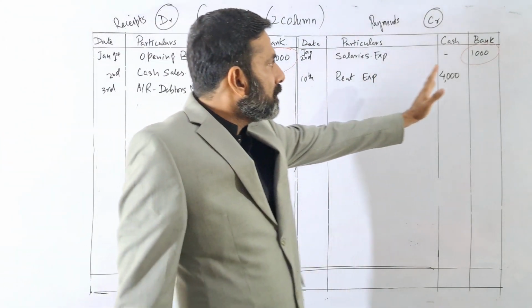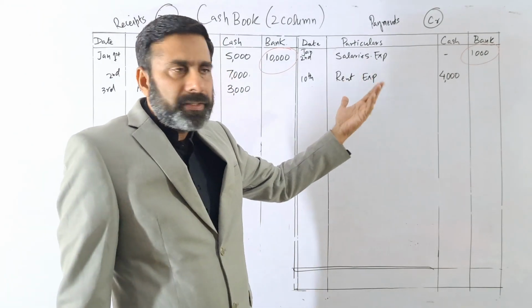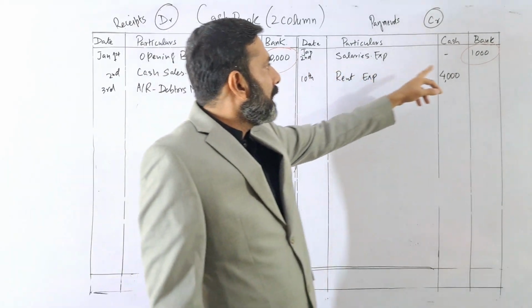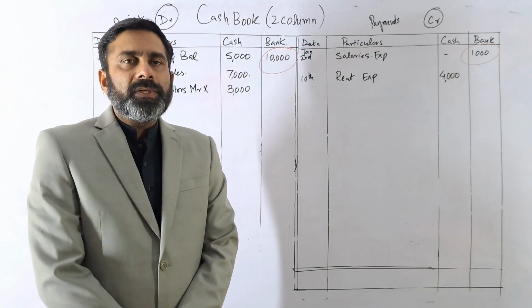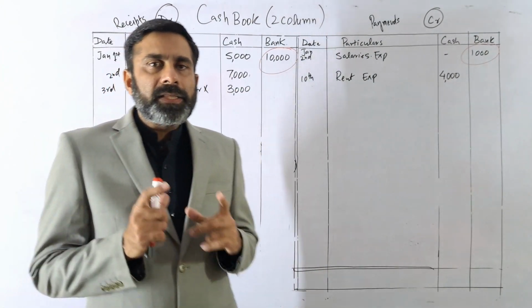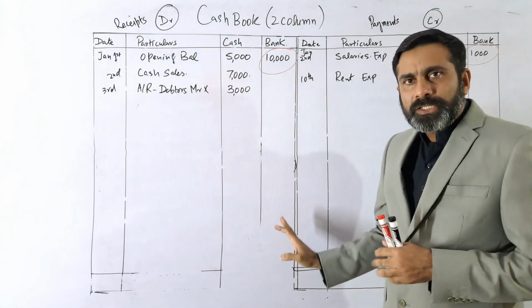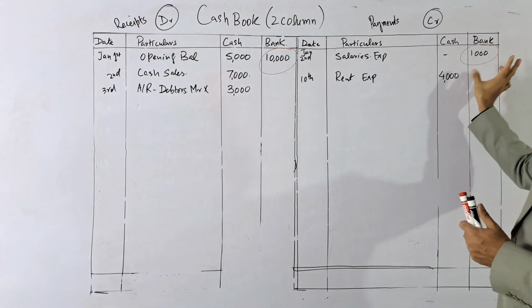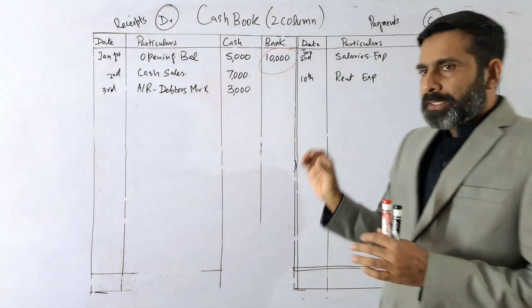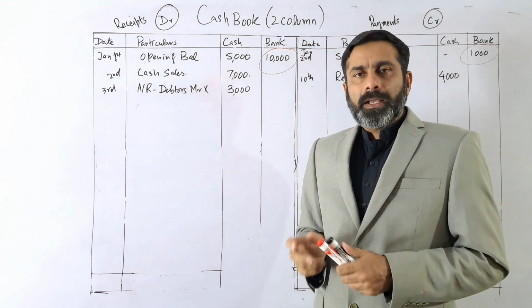And $1,000 we paid on some date, like the 2nd, as salary. It means the balance in your bank account is almost $9,000. We have an opening balance, no receipt, and only one payment of $1,000, so you have a balance of $9,000 in your bank account.